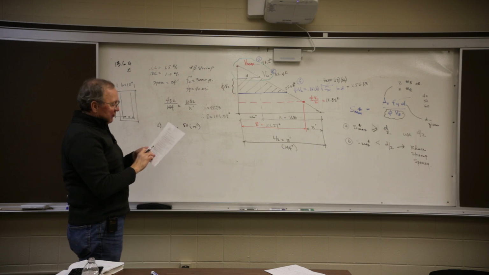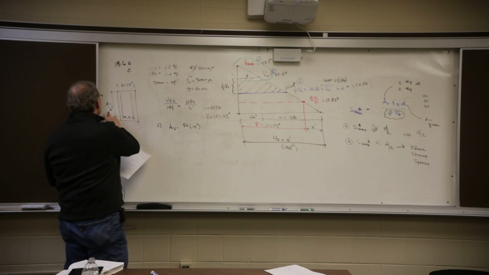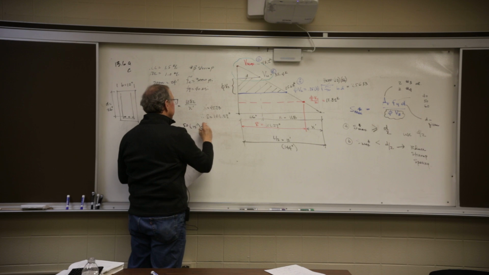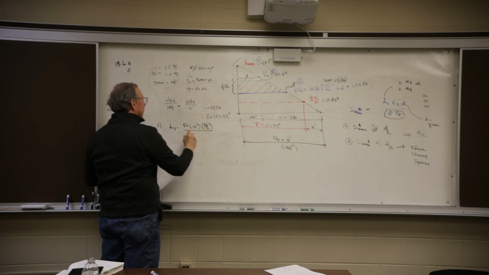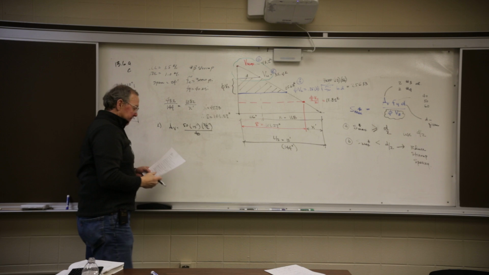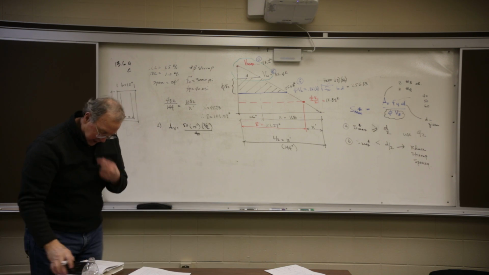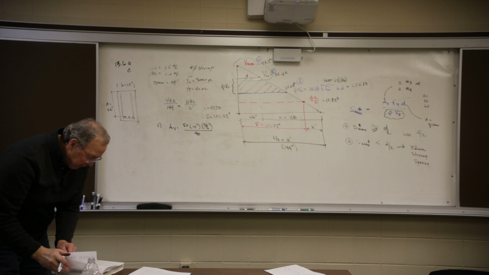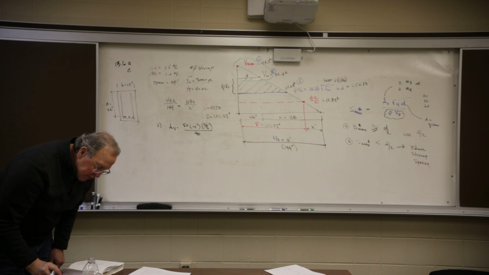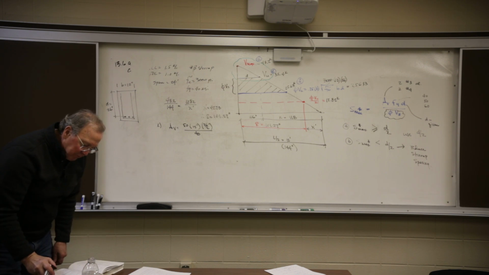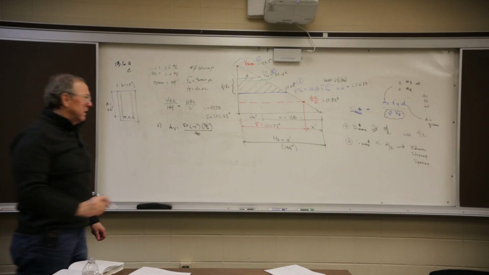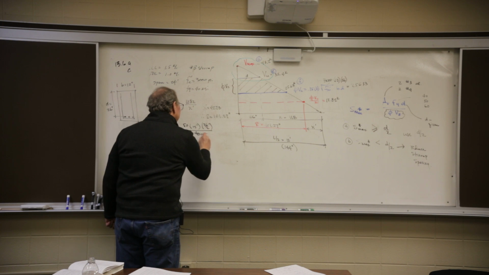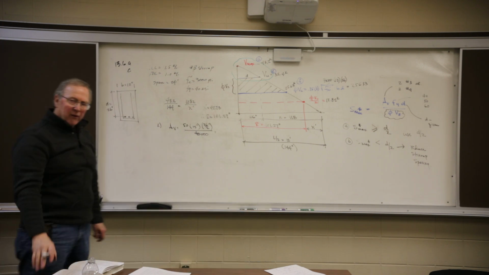S max there says D over 2, 26 over 2 inches, divided by Fy. Fy is 40. I would follow the example if I were you guys. It's on page 463. It shows the 40 is really not 40, it's 40,000, so 40,000 PSI.